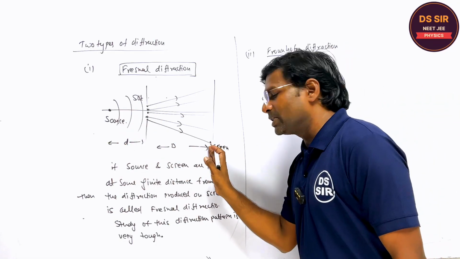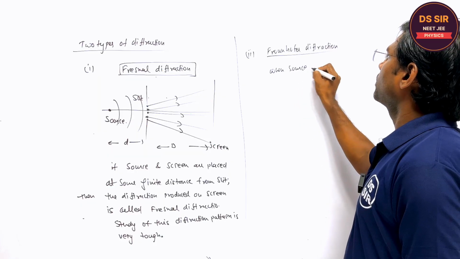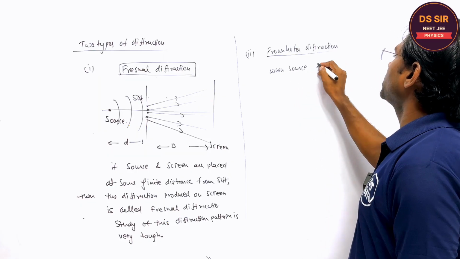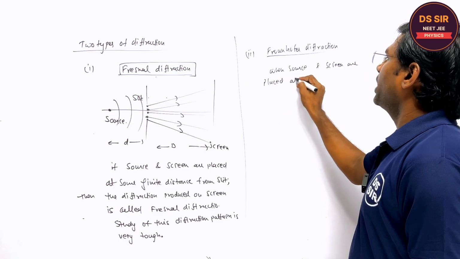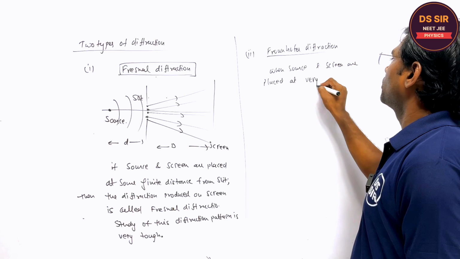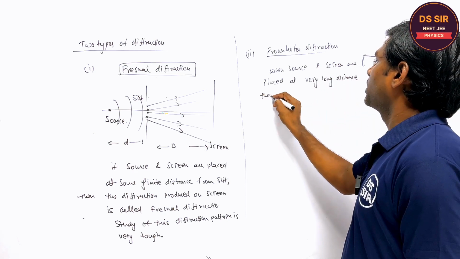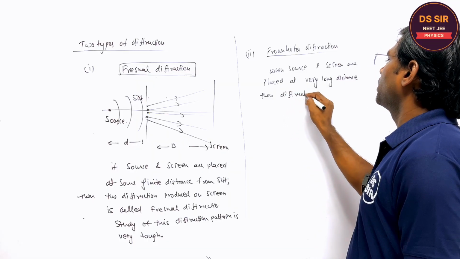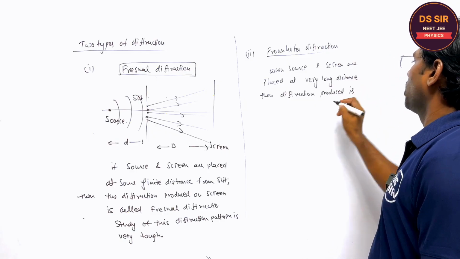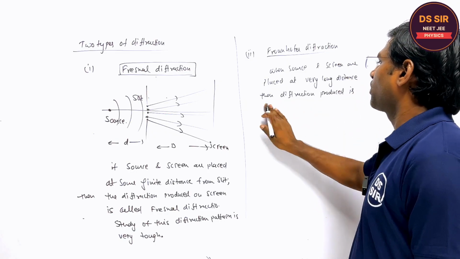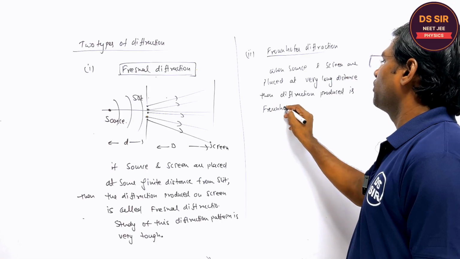When the source and screen are placed at a very long distance, then the diffraction produced is Fraunhofer diffraction. F-R-A-U-N-H-O-F-E-R. Fraunhofer diffraction.